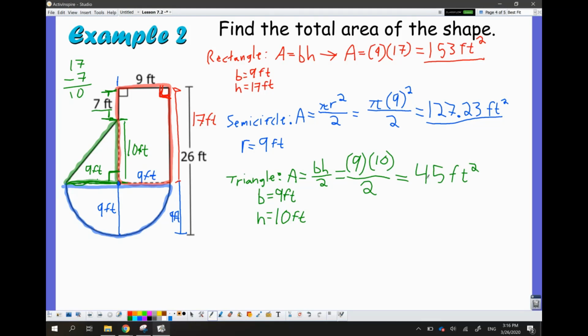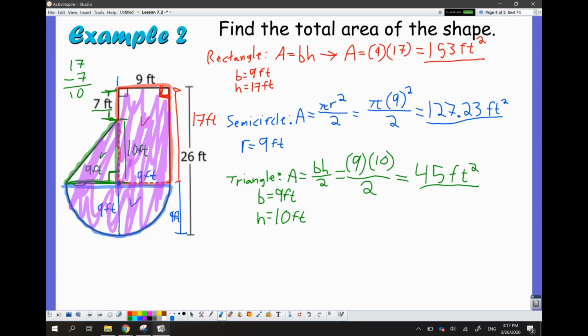Now that I have all three of my areas, I got the area of the triangle, I got the area of the rectangle, and I've got the area of the semicircle. So because I'm finding the total area, I'm finding the entire area here, all of this, I need to add all of my areas together.